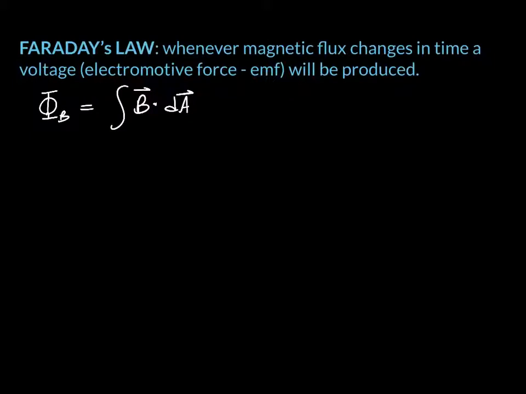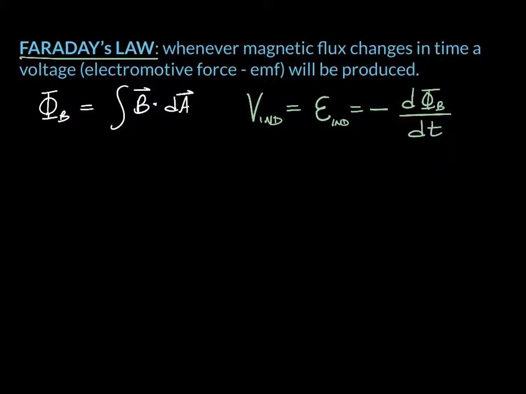And what Faraday noticed was that induced voltage, which often we write with this funny looking E, okay? All right, induced voltage will be the opposite, the negative, of the time rate of change of the magnetic flux.